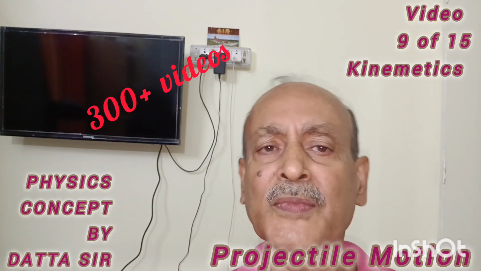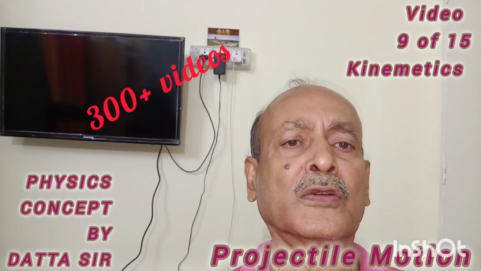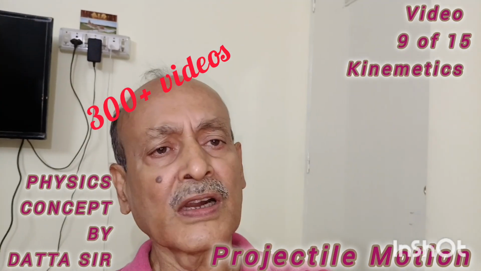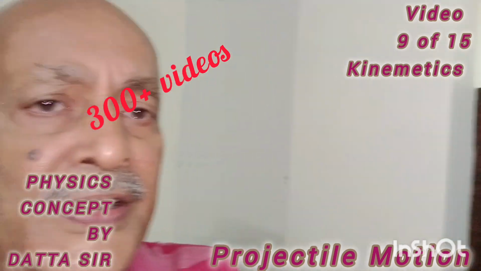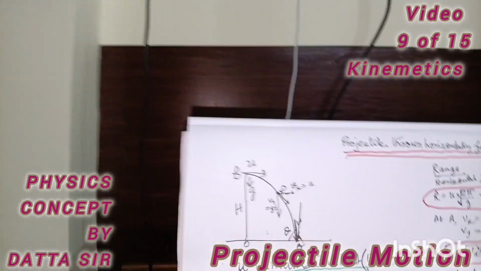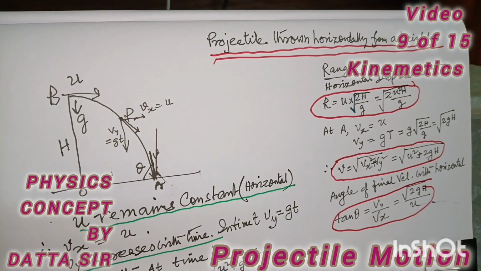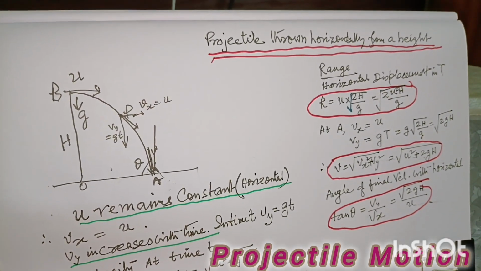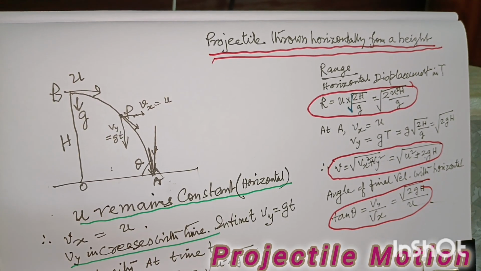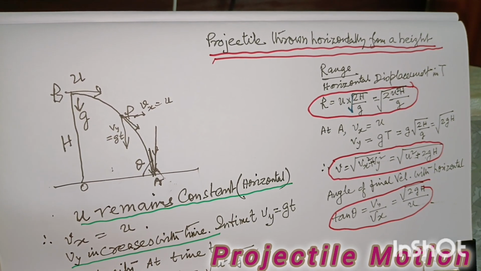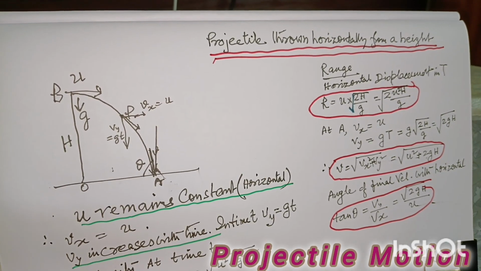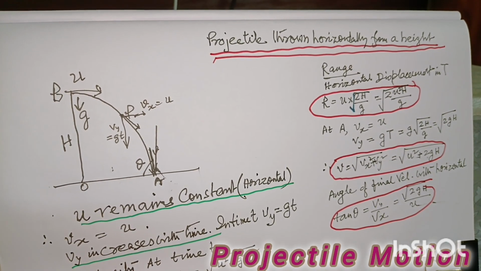So, let me start. Today's concept is projectile thrown horizontally from a height. See, here there is a point B at a height h from ground, and from that point some particle is thrown horizontally with a velocity u.